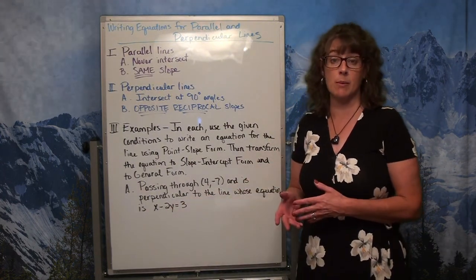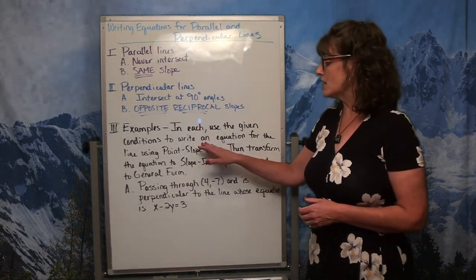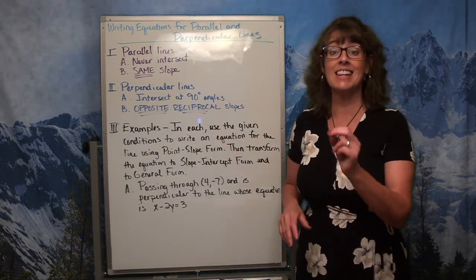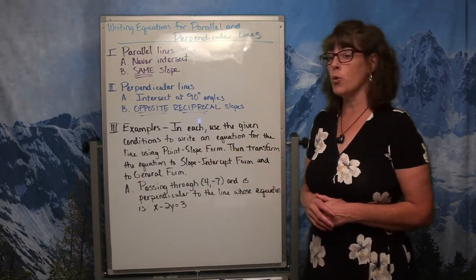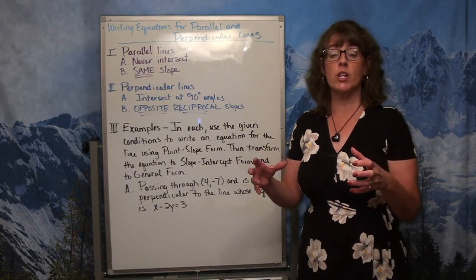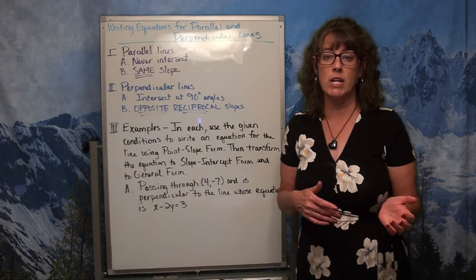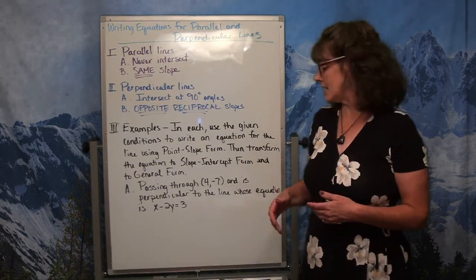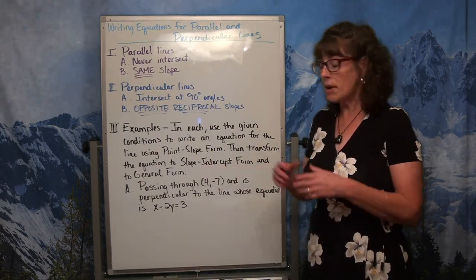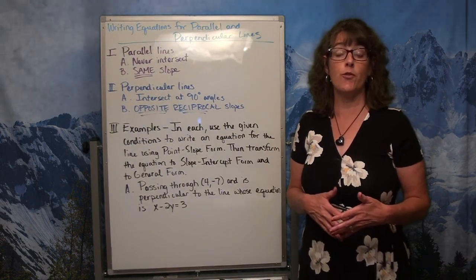We'll write the equation for the second line using point-slope form, then transform and translate the equation into slope-intercept form and then into general form.